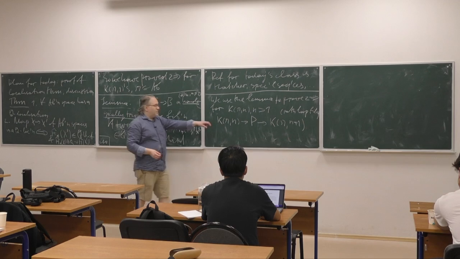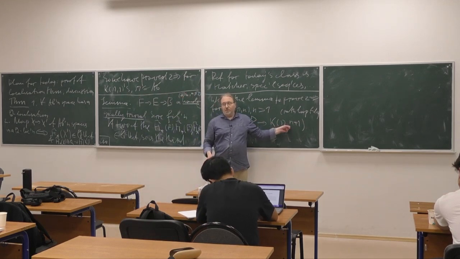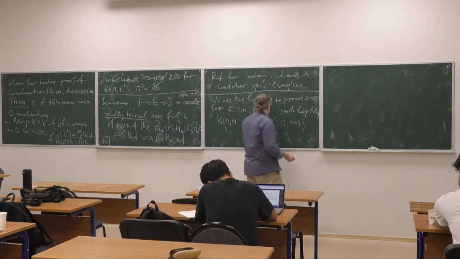The path loop fibration for K(π, n+1) looks as shown here.